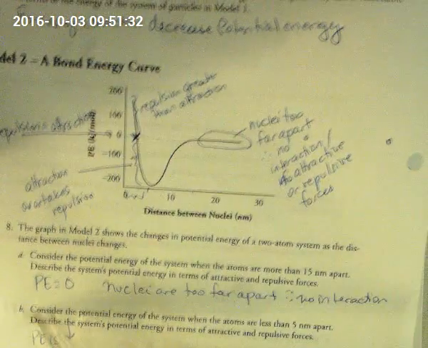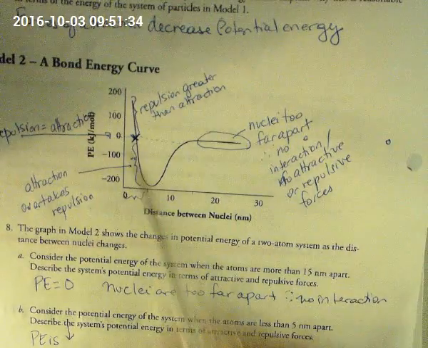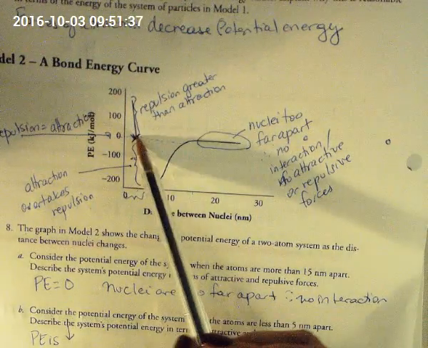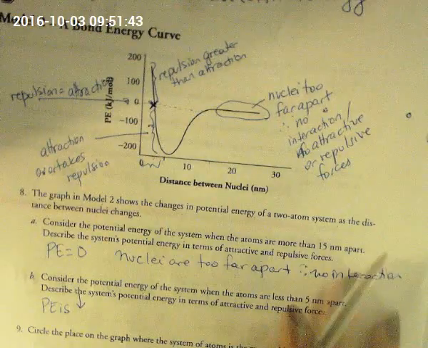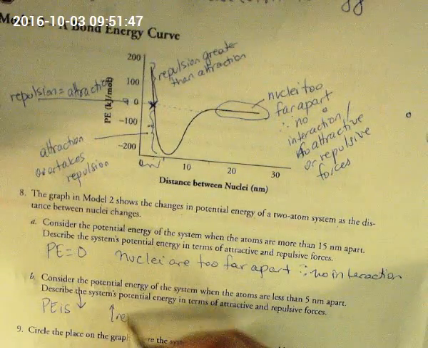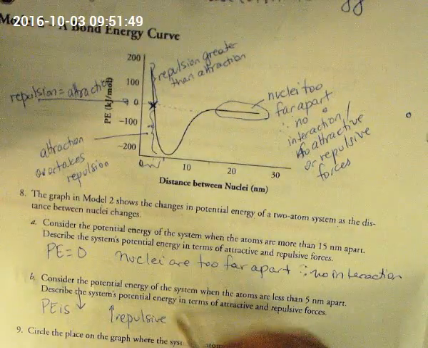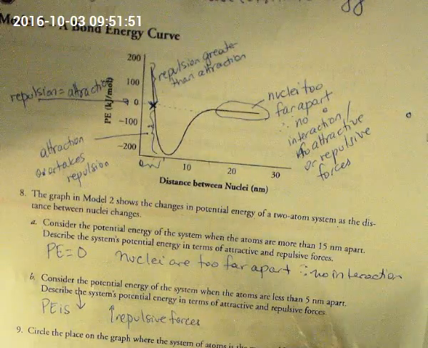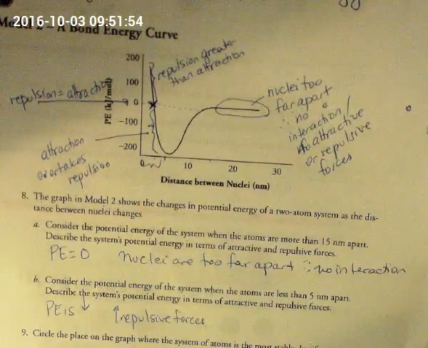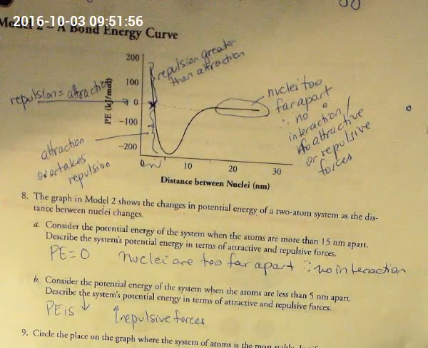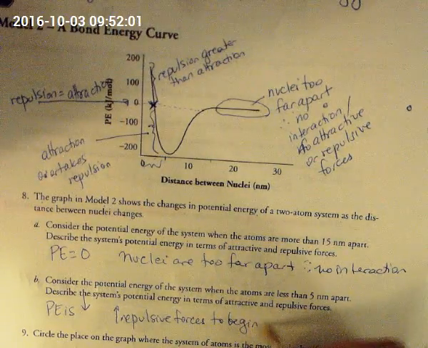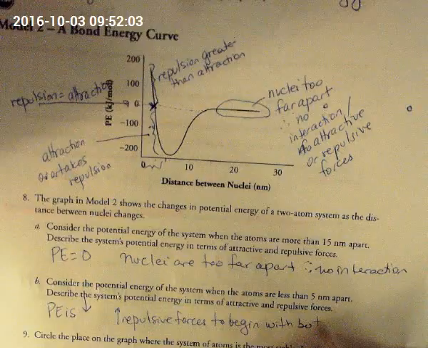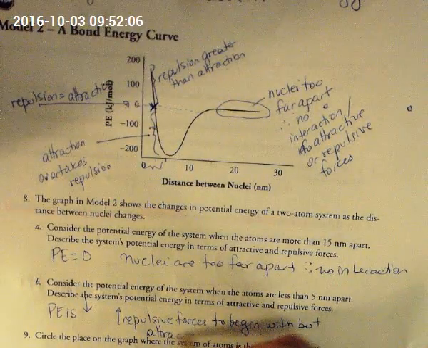So then going down to 8B, the potential energy is going down, right? In terms of attractive and repulsive forces, you start with really high repulsive forces at really small nuclei distances, but then eventually attraction overtakes them. So it's high repulsive forces to begin with, but attractive forces are starting to increase.